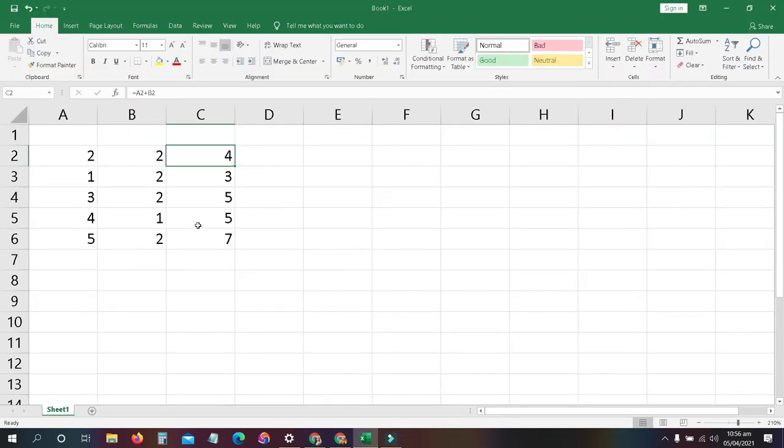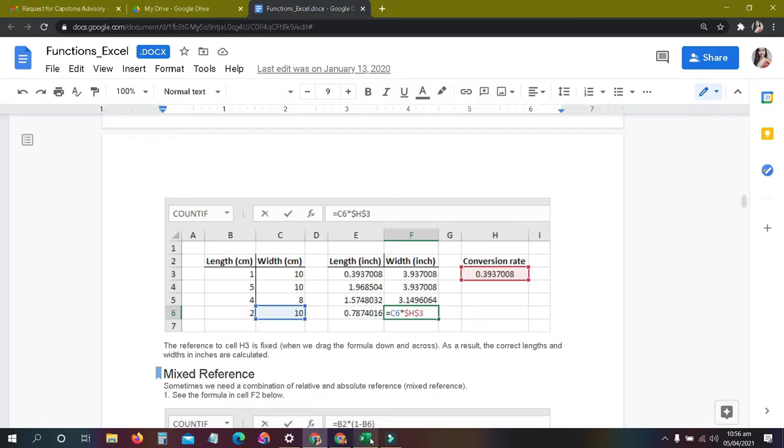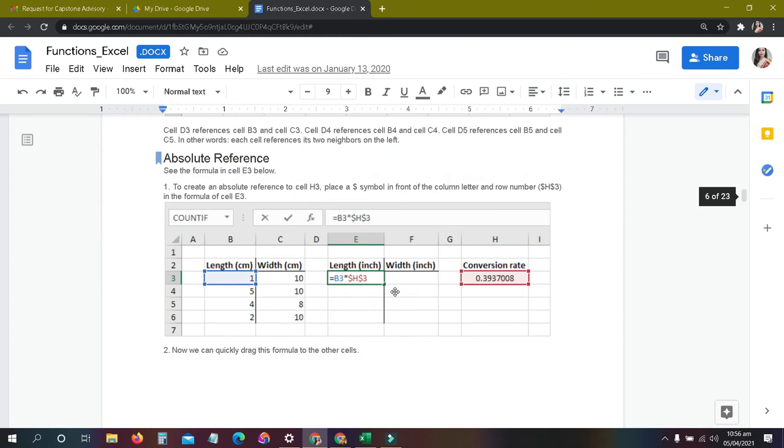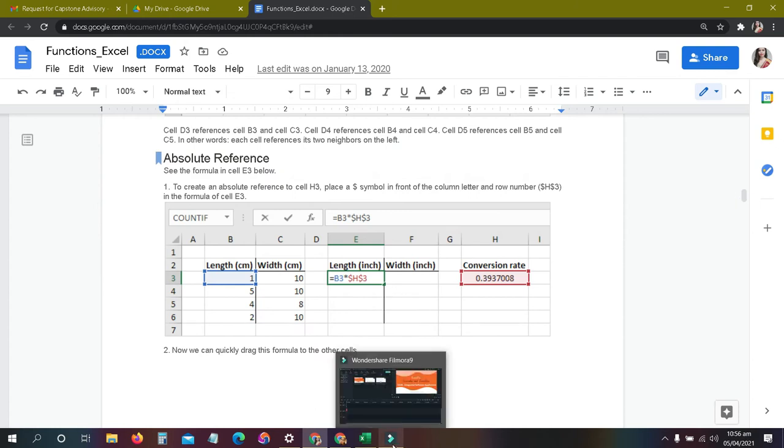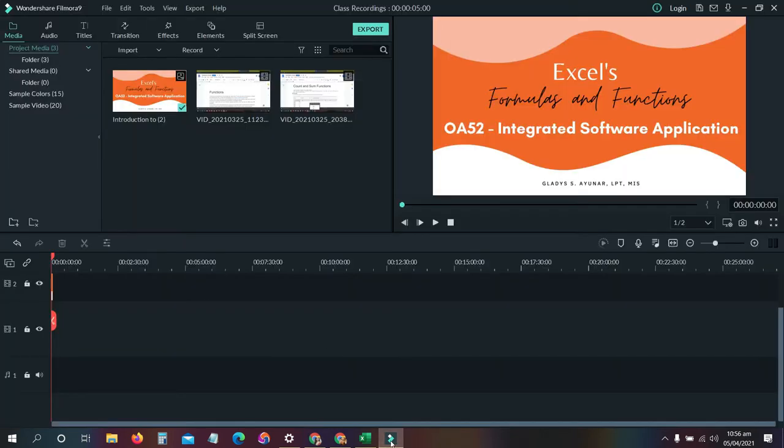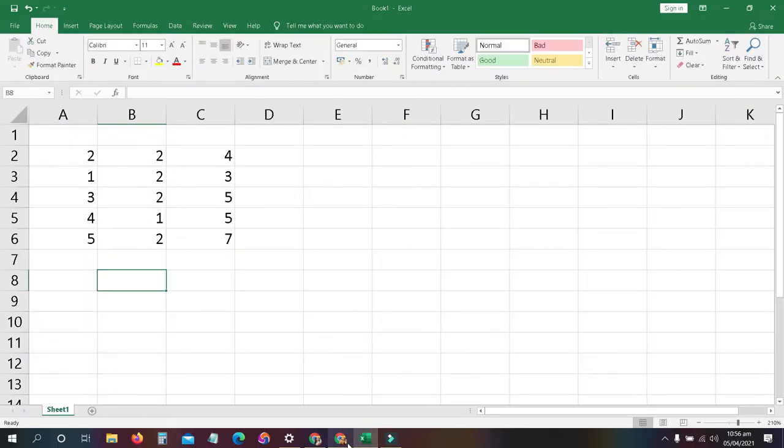So in the example, what I will do is copy this one so that you can see what I mean. A moment, guys.